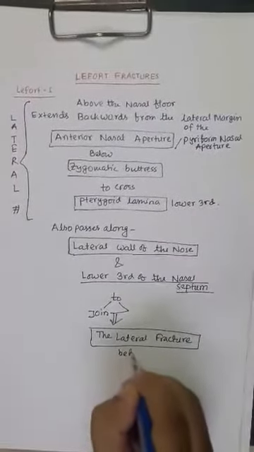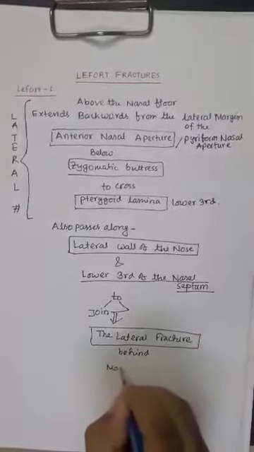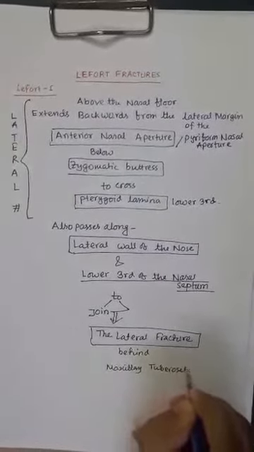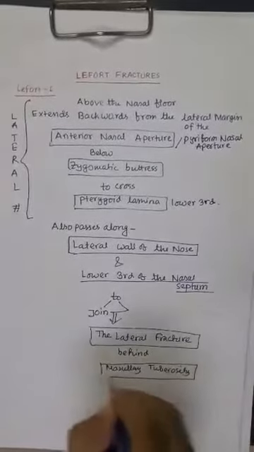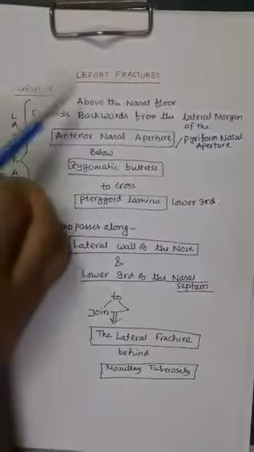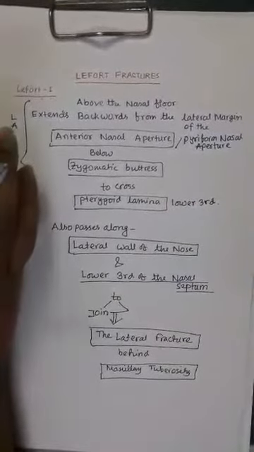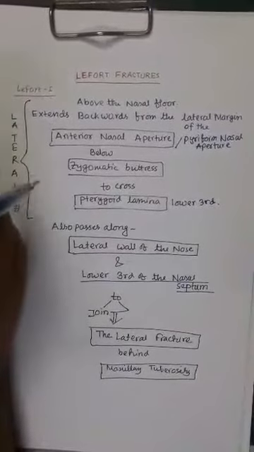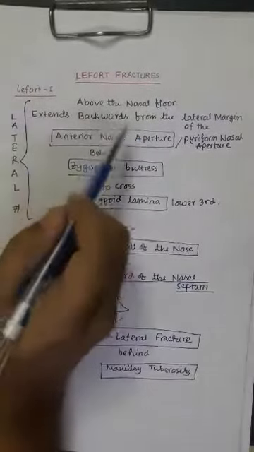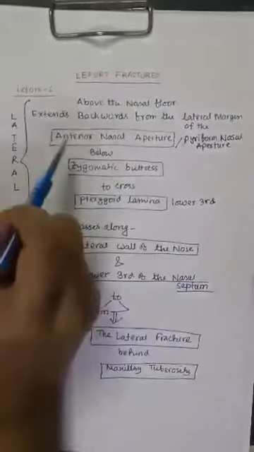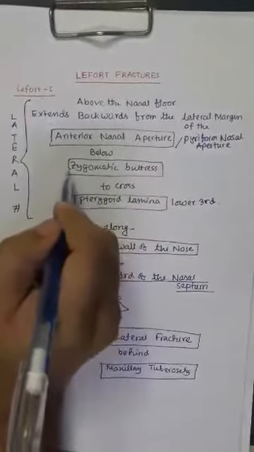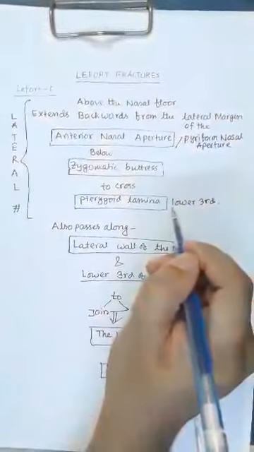behind the maxillary tuberosity. So for the Lefort fracture, we discuss here the Lefort 1 fracture line above the nasal floor, extending backwards from the lateral margin of the piriform nasal aperture, the anterior nasal aperture, below the zygomatic buttress, and crossing the pterygoid lamina lower third.